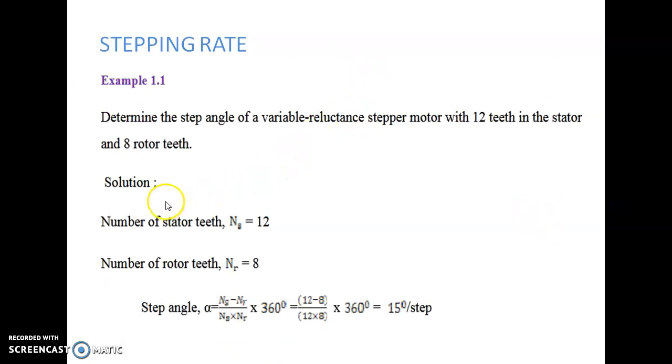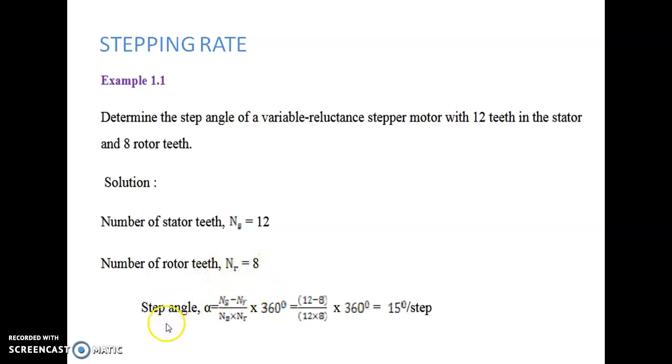So we can go for an example. Determine the step angle of a variable reluctance stepper motor with 12 teeth in the stator and 8 teeth in the rotor. So, number of stator teeth Ns is 12, number of rotor teeth Nr is 8.